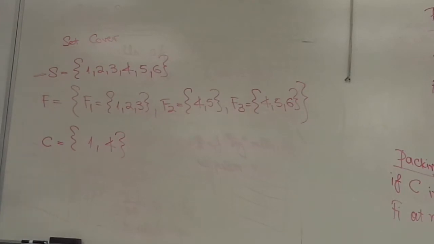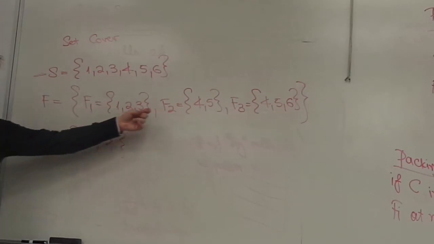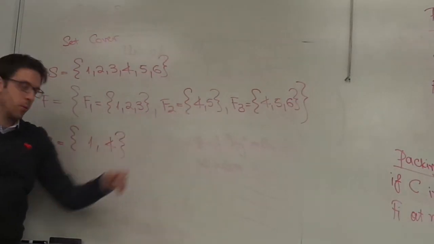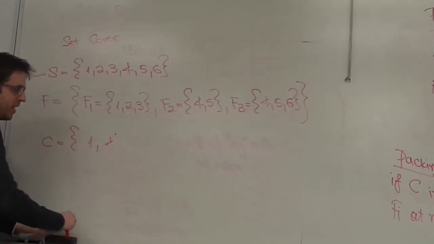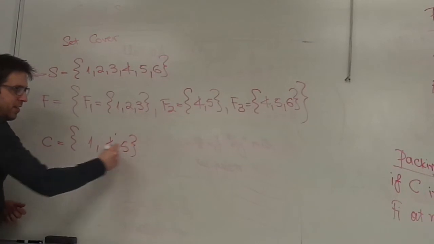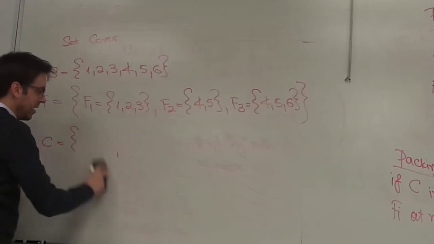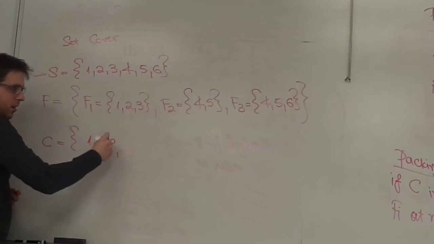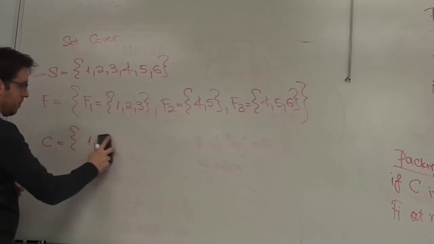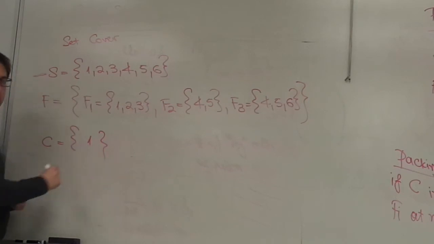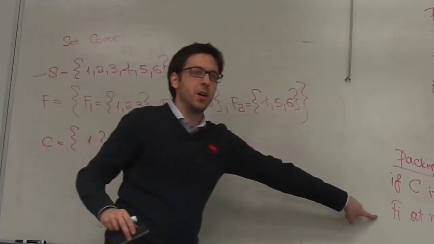This is a partition, right? Because hit it once, exactly once, exactly once. But now if I do this, it is no longer a partition. And last, the packing. This is a packing at most once.